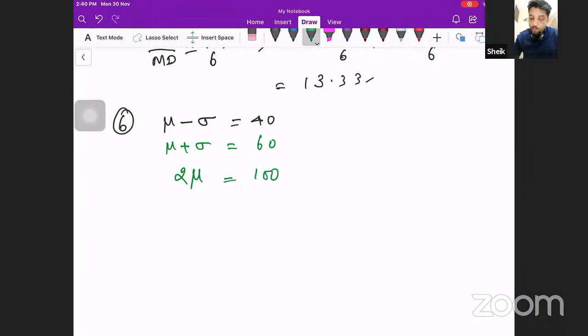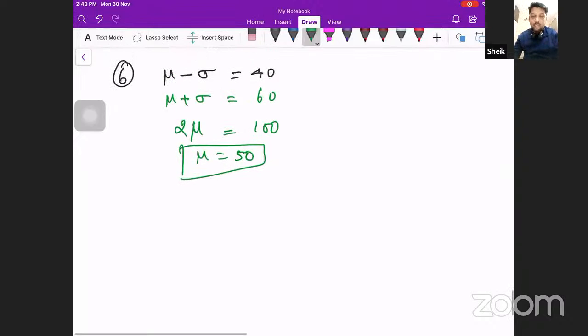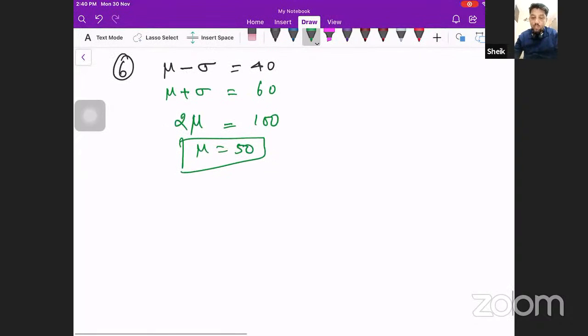Am I going to get 2 mu is equal to 100? So mu is equal to 50. They ask you to find out mean, my dear. Please write it down. So mu is equal to 50. Yes. Come to sum number 7.